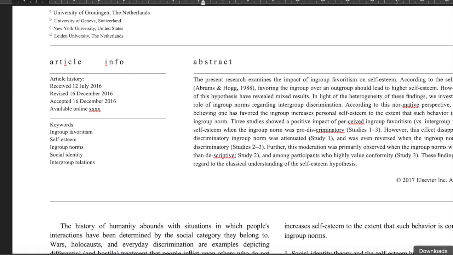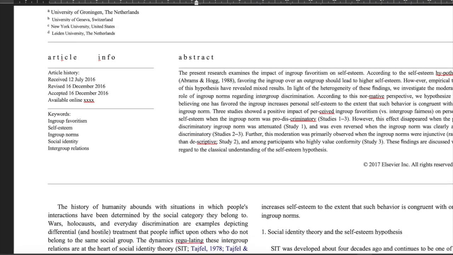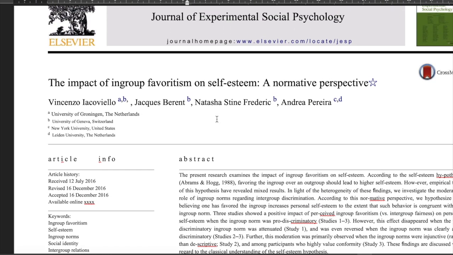Let's zoom out. This paper is about the impact of in-group favoritism on self-esteem, a normative perspective. That means that when people favor their own in-group, that tends to raise their self-esteem. So that is the basic premise.